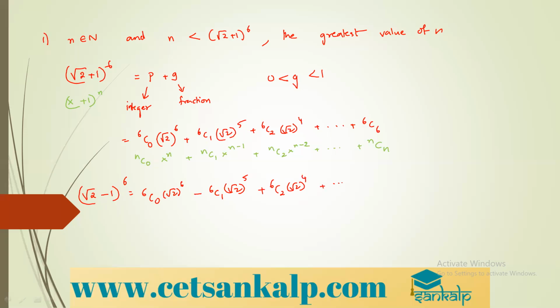Like that, it will go on. The last term will be 6C6. So, let us take (root 2 minus 1) whole power 6 as F. On the whole, F is between 0 and 1. That means F we are taking as a fraction.